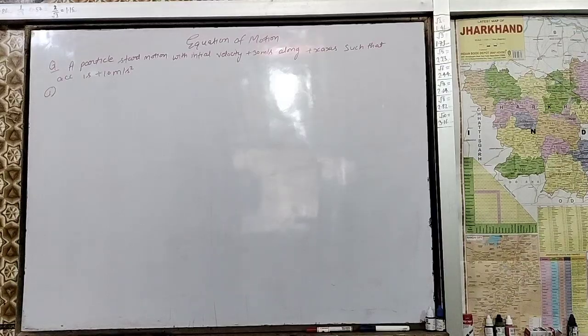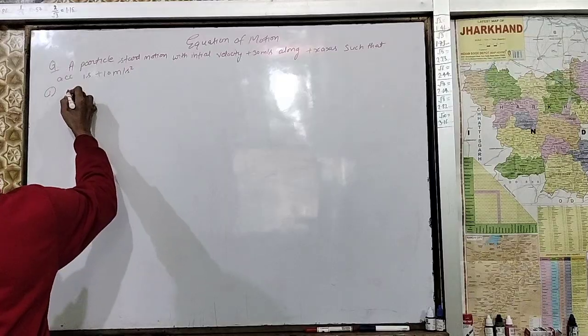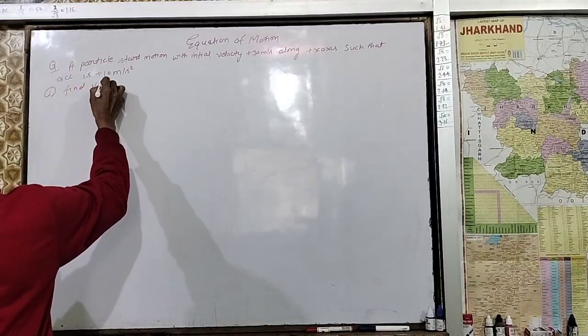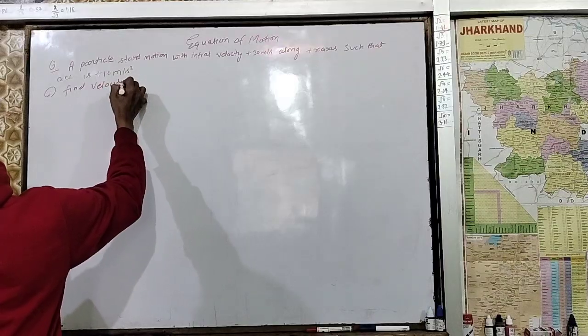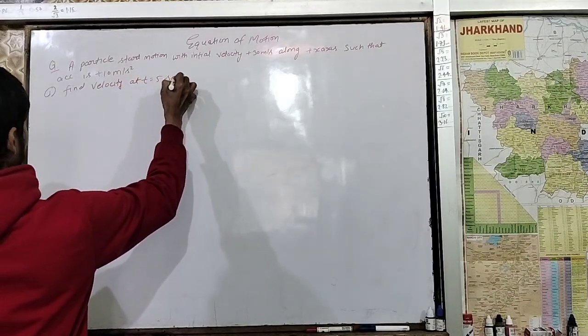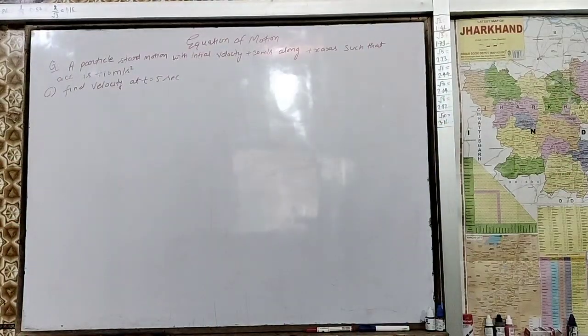This is the next question. He is asking, first question, find the velocity at t is equal to 5 seconds.